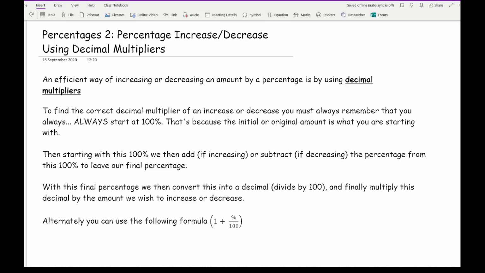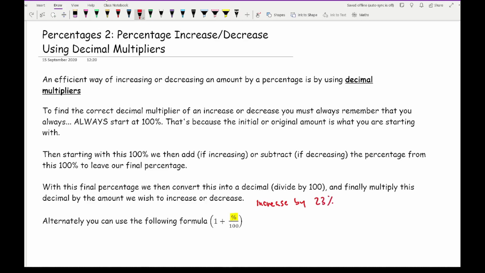Alternatively, what you can do is use the following formula, which is 1 plus the percentage, including the sign, which is the key thing to remember, divided by 100. So if we look at an increase by, let's say, 23%, then the formula looks like 1 plus 23 over 100, which equals 1.23.